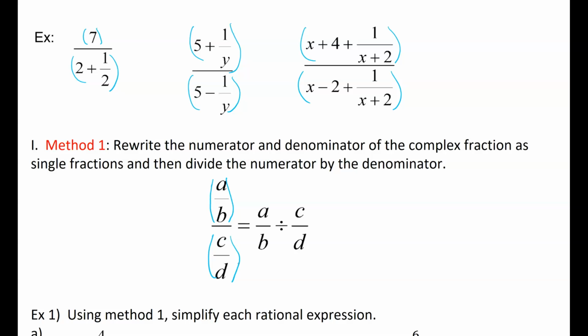And so just like we did before, we'd say, okay, well, this is the same thing as doing a over b divided by c over d. And then from there, we would take that a over b and multiply it by the reciprocal. And in the end, we end up with AD over BC. So that's what we're going to be doing with method 1.